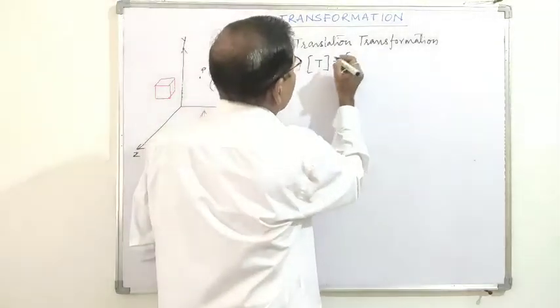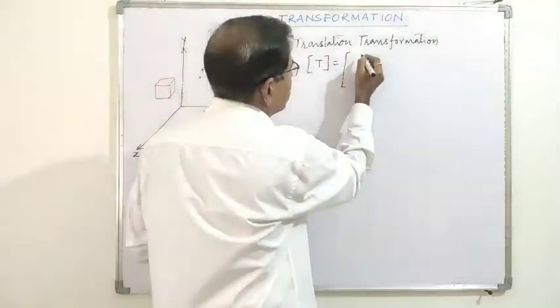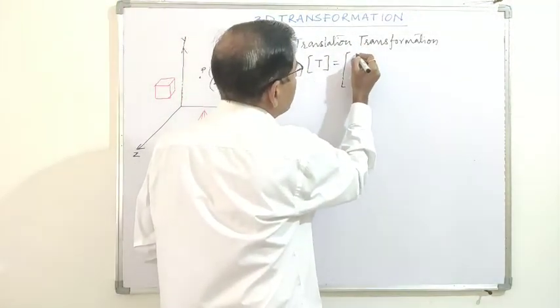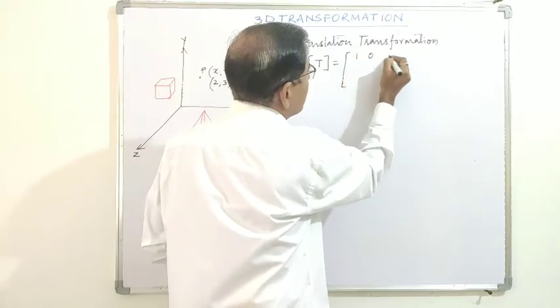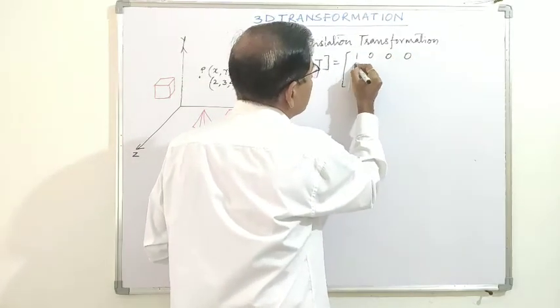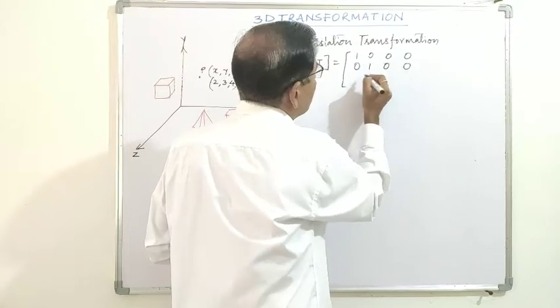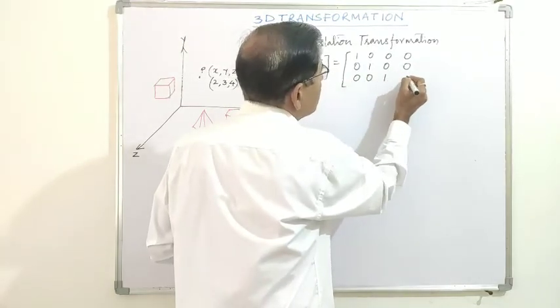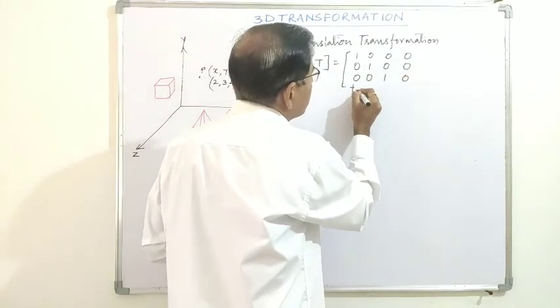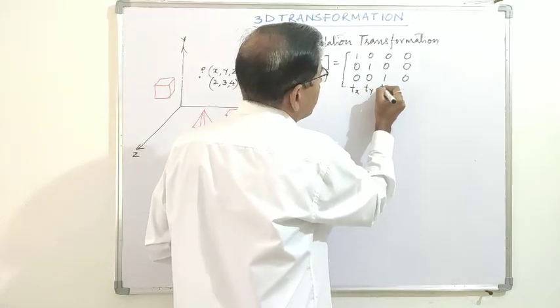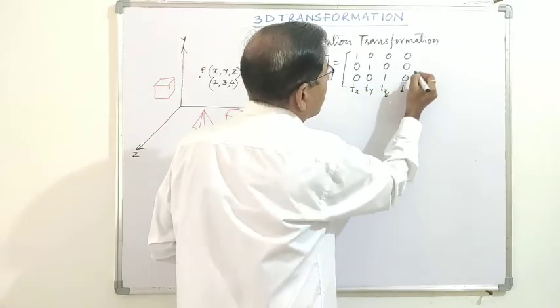So the translation matrix in 3D is represented as 1 0 0 0, 0 1 0 0, 0 0 1 0, tx ty tz and 1.